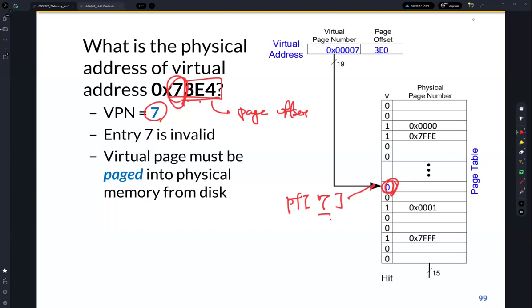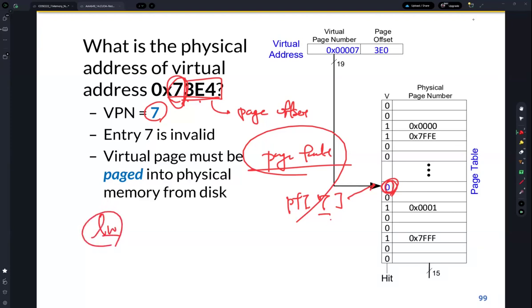So it's a page fault. It's a page fault, and this is a kind of exception. Which means, load word is executed by the CPU, right? And then the virtual address is translated by the page table. But we found that the valid bit from the page table is 0.